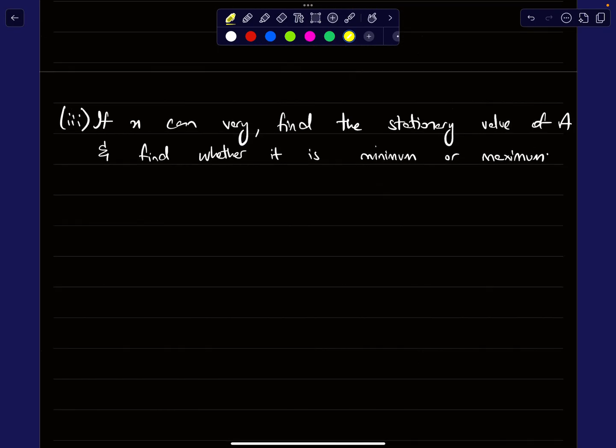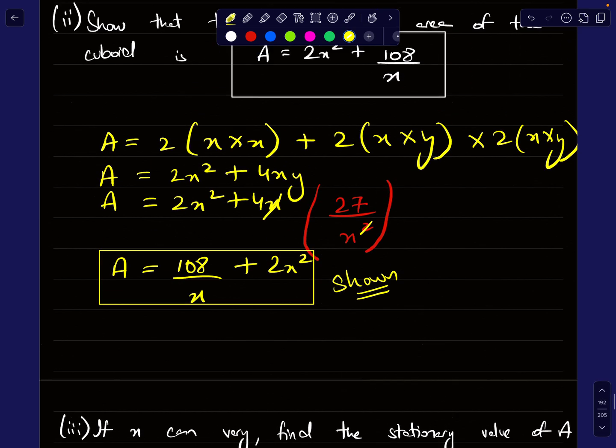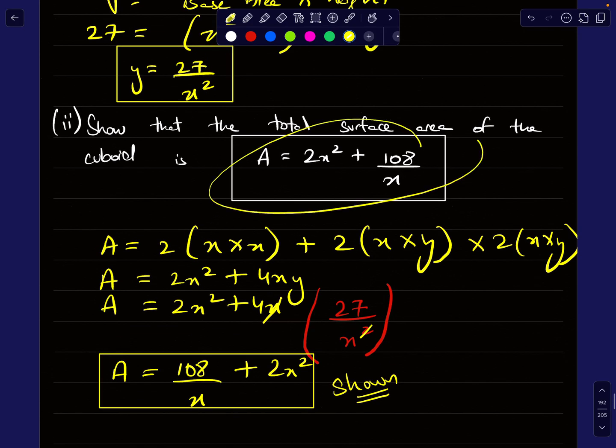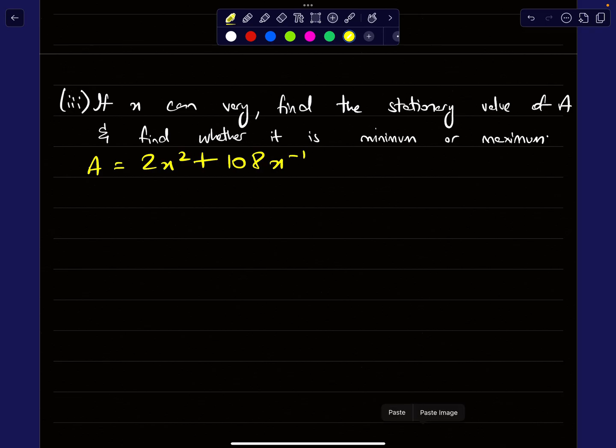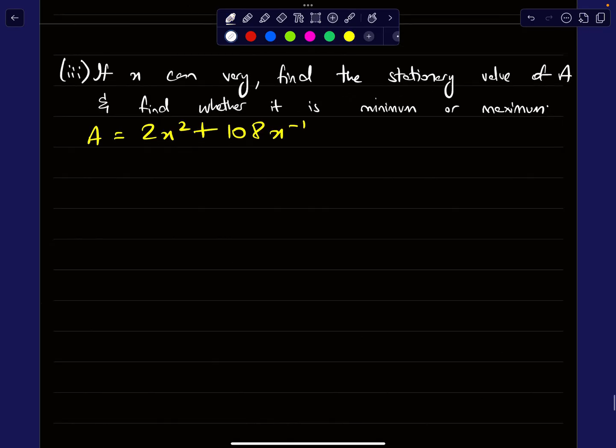Moving on, if x can vary, find the stationary value of the surface area and find whether it is minimum or maximum. So this was the expression of surface area given to us. We can rewrite this as 2x squared plus 108x to the power minus 1, so differentiating it becomes easier.